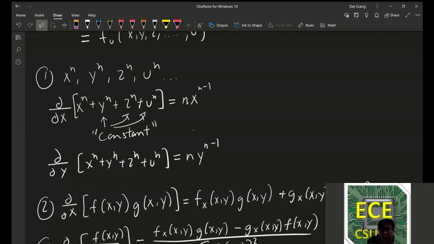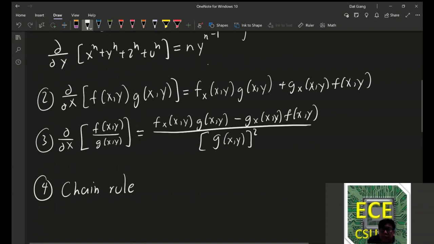When we take the partial derivative with respect to x, y, z, and u are constants, and so what we are left with is nx to the n minus 1. A similar pattern follows if we were to take a partial derivative with respect to y, ny to the n minus 1. So this is the power rule.